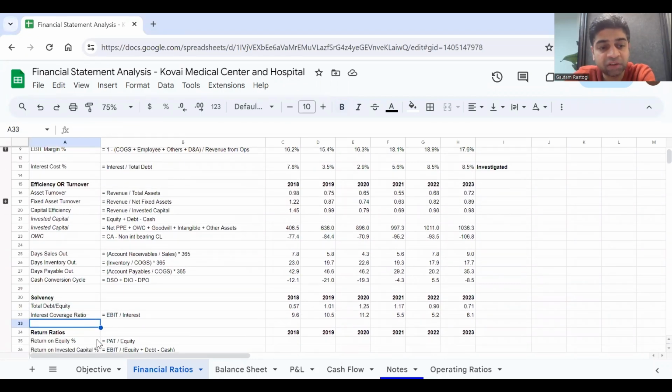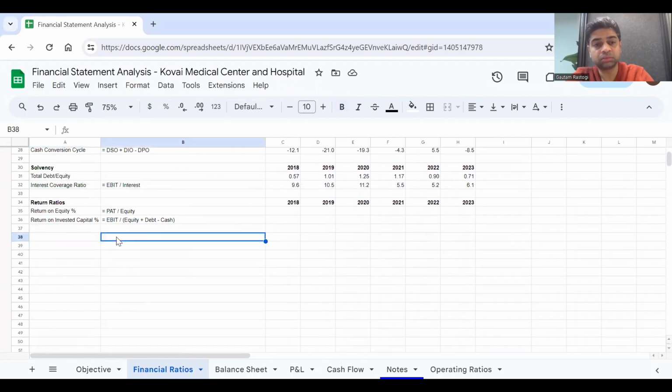In fact, we have used a function. Let's say the function was ROE is a function of profits, efficiency, and capital structure.